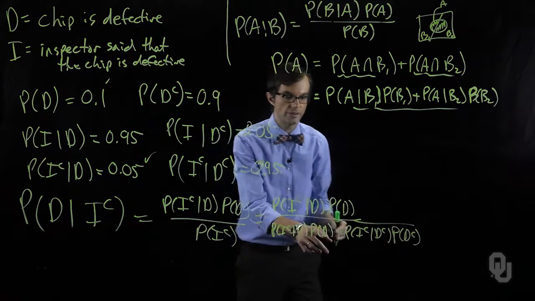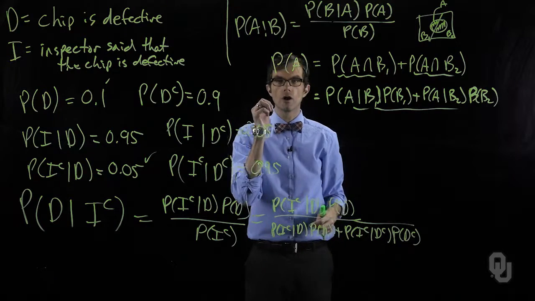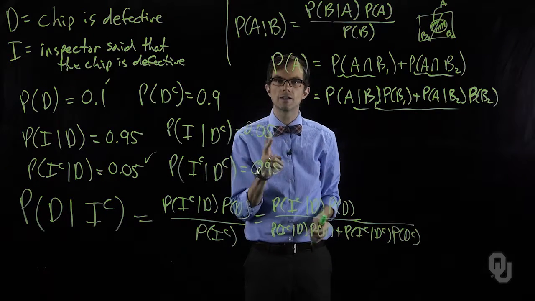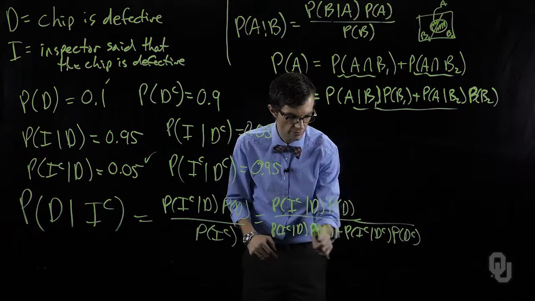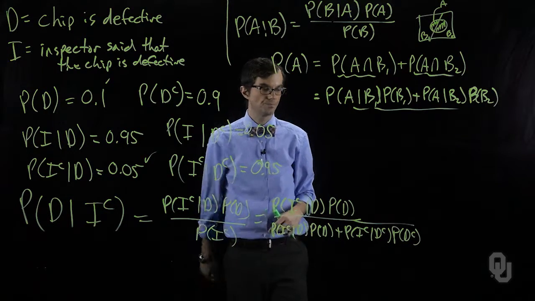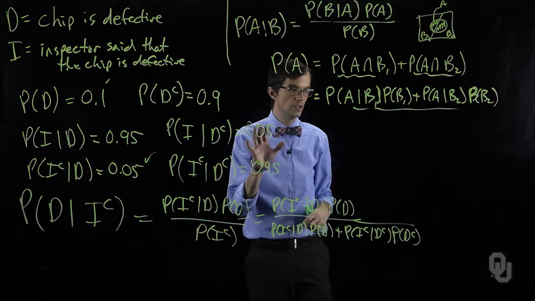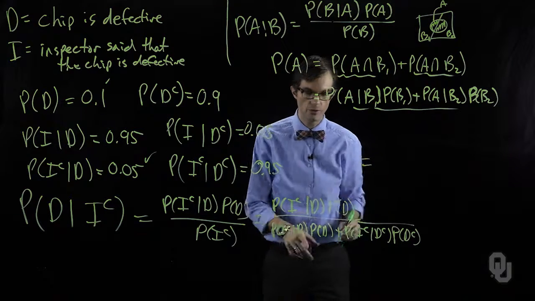We said D and D complement were mutually exclusive and collectively exhaustive. So this will give us I complement. This is exciting. I can feel it. So let's do this.